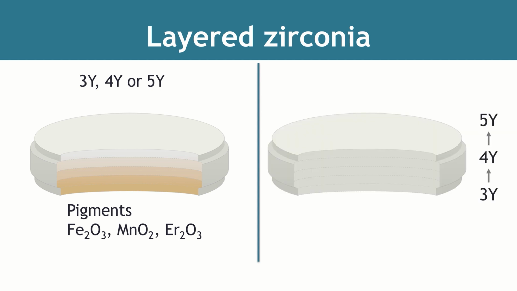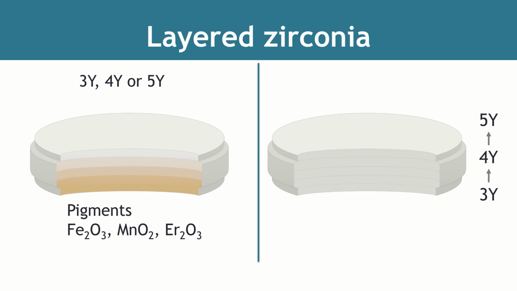Contrary to this, the second type of multilayer zirconia, the strength graded, has a varying amount of yttria throughout the material. For example, as shown in the figure to the right, the blank may start at one end with a layer of 3Y zirconia with 3 mol% yttria, and gradually increase in layers up to 5 mol% yttria in zirconia. Due to the different concentrations of yttria, the strength of the material also varies between the layers, decreasing from 3Y to 5Y in this case.